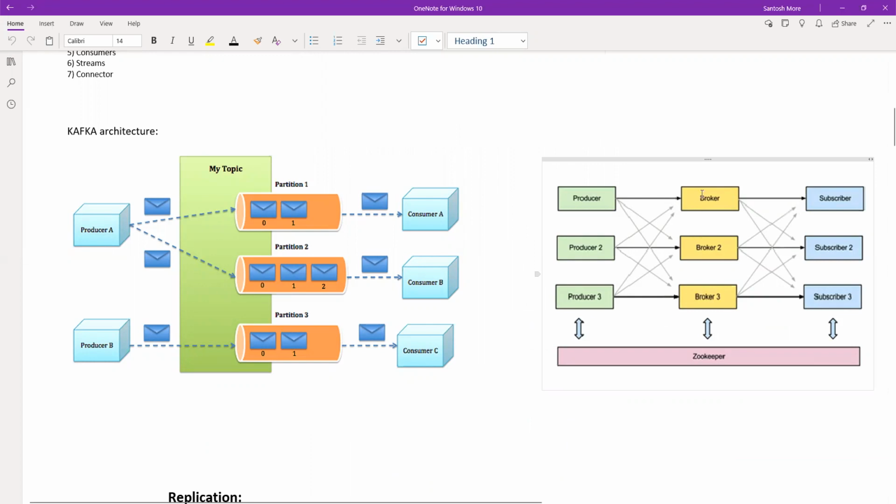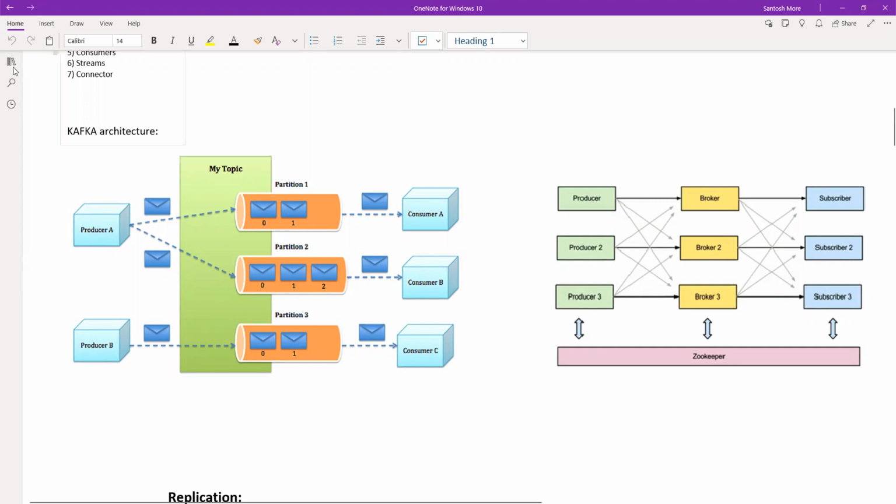They get requests from producers, and they publish the messages from the producers, and they're consumed by the subscribers or the consumers. So they are stateless, and they all have the same responsibilities. That is what we discussed earlier.